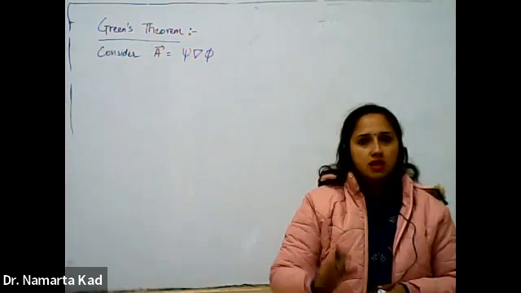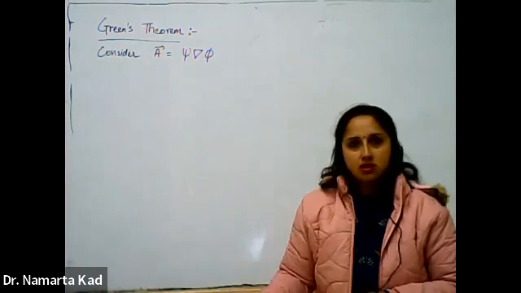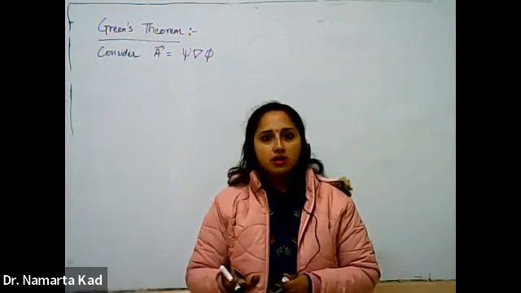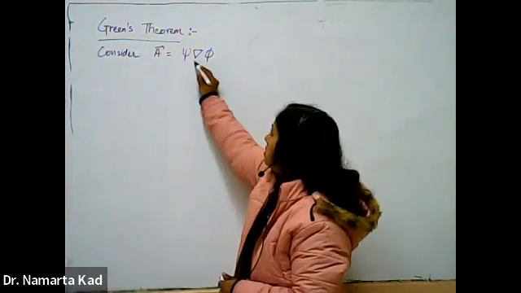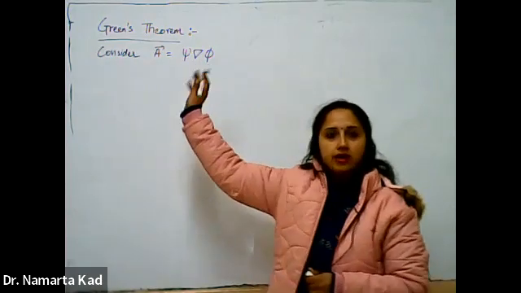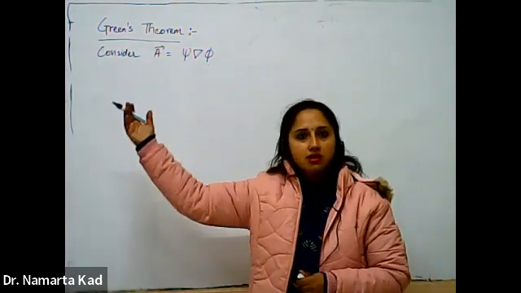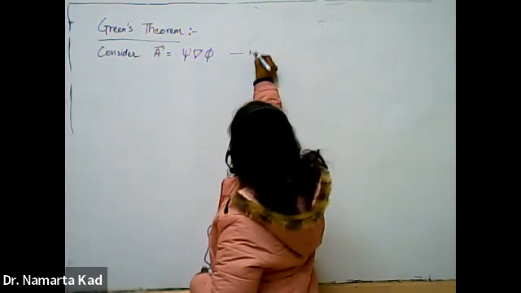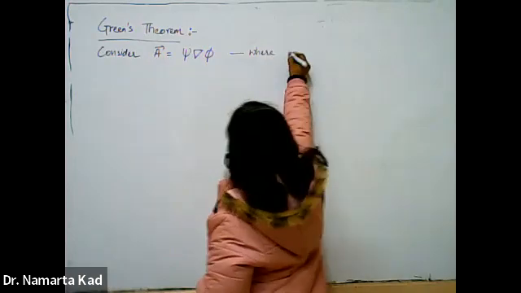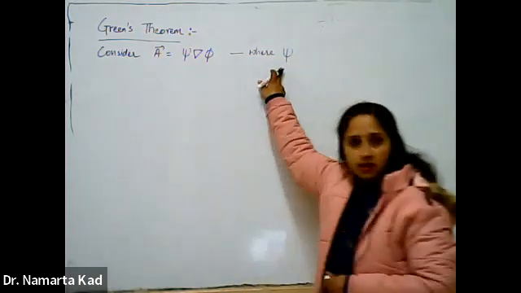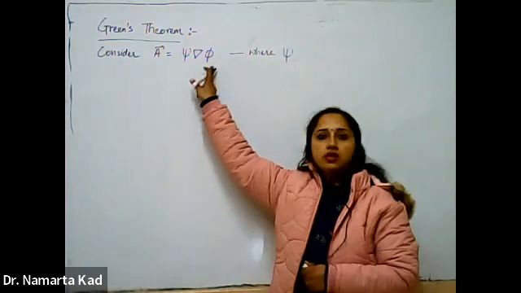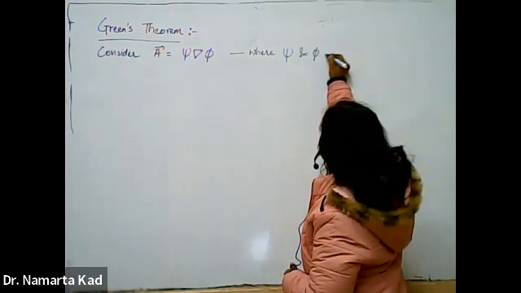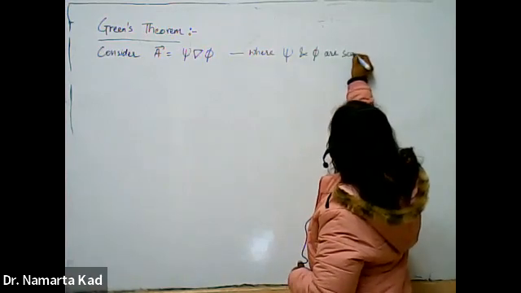I have just taken these symbols. We know del is the nabla, a vector quantity, and here we have taken the gradient, and the gradient of any scalar is again a vector quantity. This symbol is called psi and this symbol is called phi, where psi and phi are scalars.